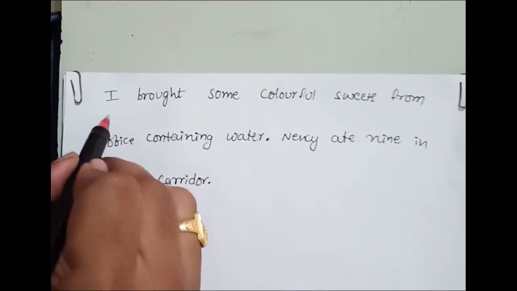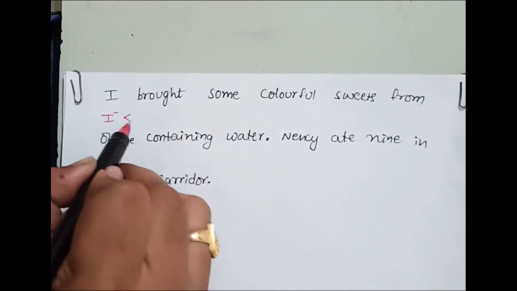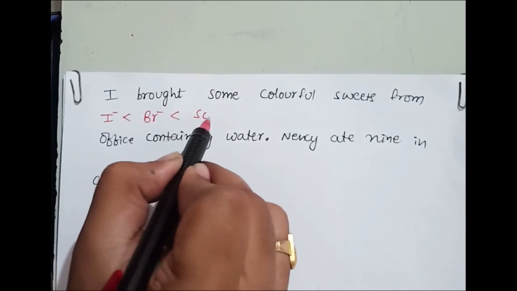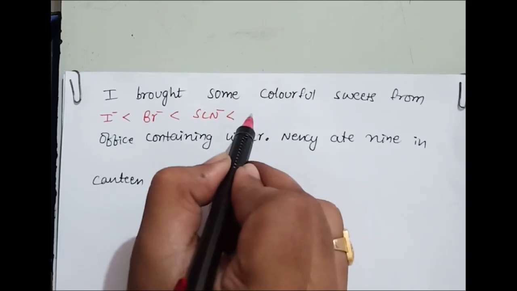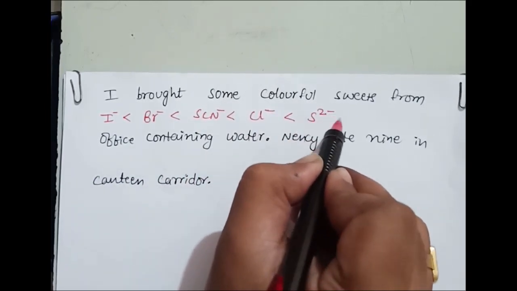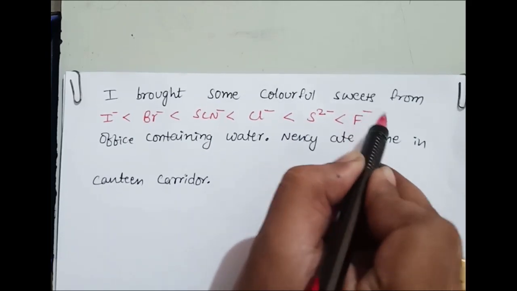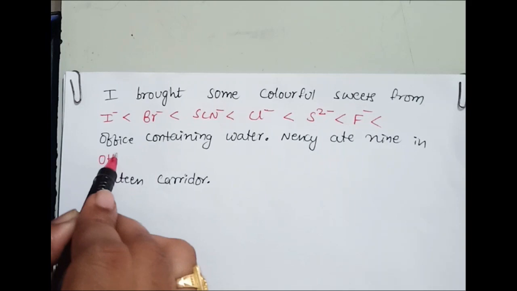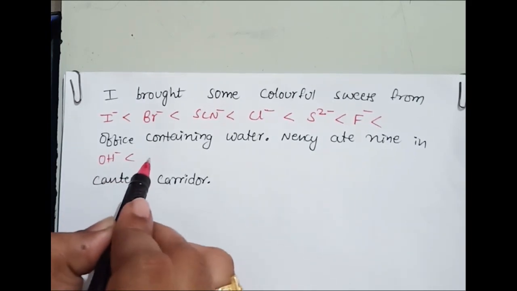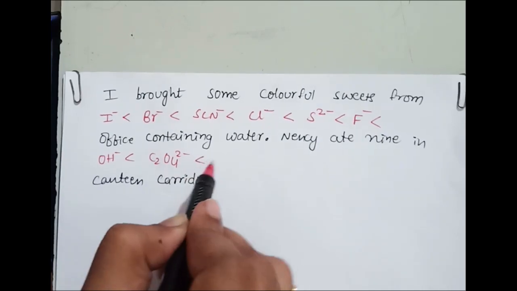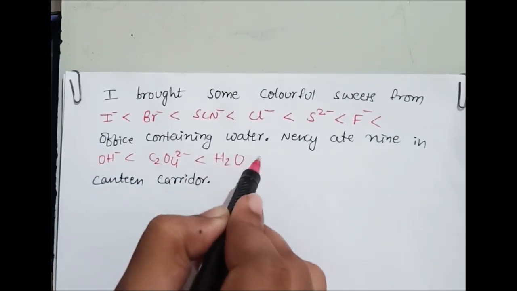Here you will get I minus, it is the weakest ligand; bromide Br minus; some means thiocyanate; colorful means chloride ion; sweets means sulfide ion; from means F minus ion; office means OH minus; containing it is oxalate ion C2O4 2 minus; water it is H2O.